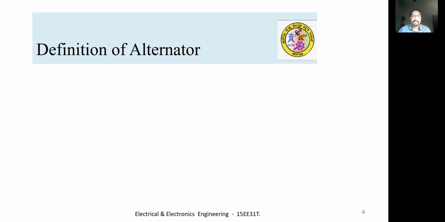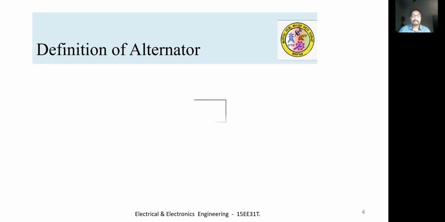Similarly, an alternator is also converting one form of energy into another form of energy. Like a DC generator, an alternator is defined as an electromechanical device that converts mechanical energy into electrical energy in the form of alternating current.